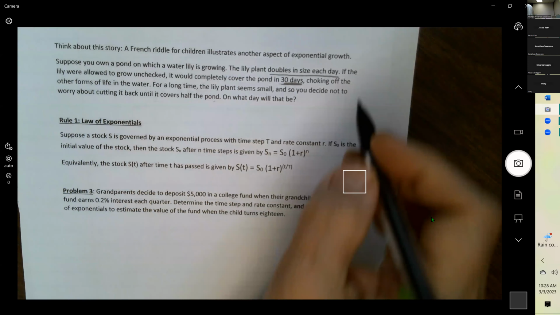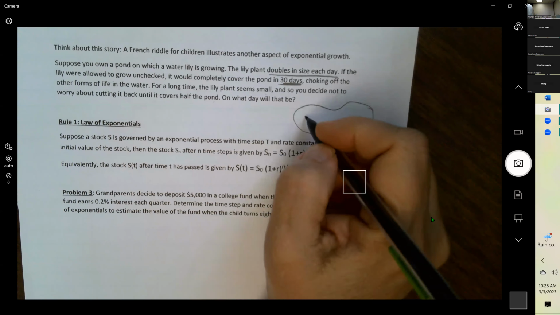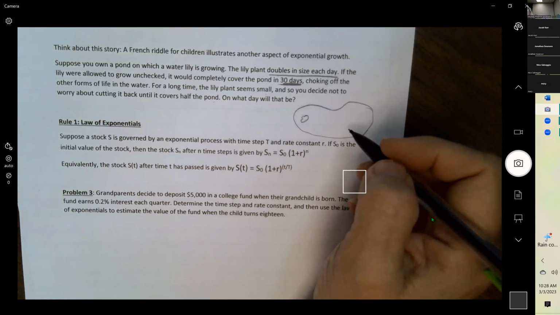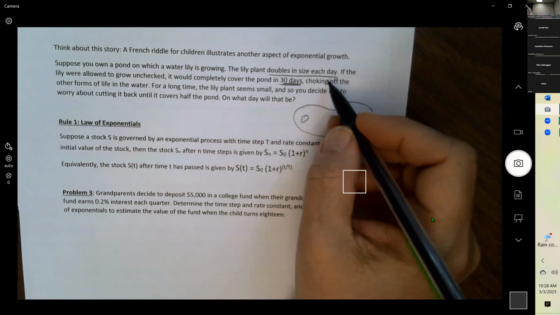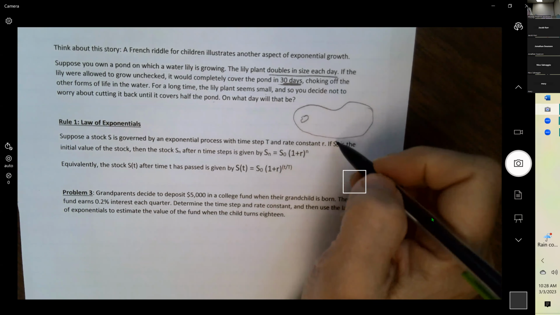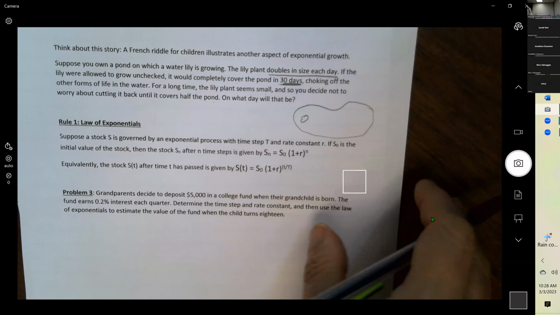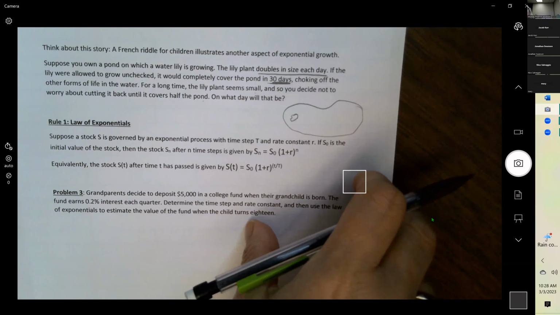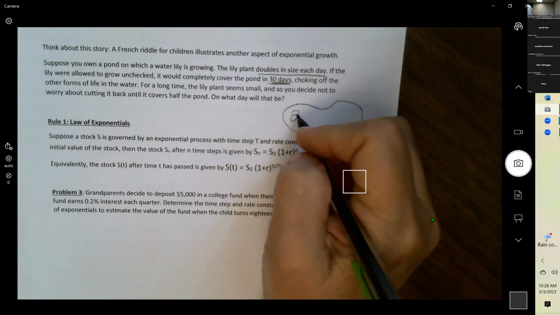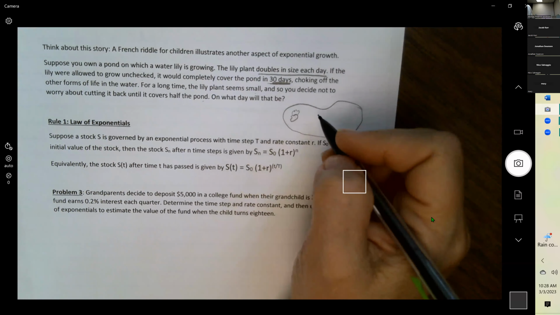So you have a pond, and there's a nice little lily in it. Every day it doubles. When will it cover half of the pond if it takes 30 days to completely cover it? Every day it's doubling. So the first day, now it's twice as large.